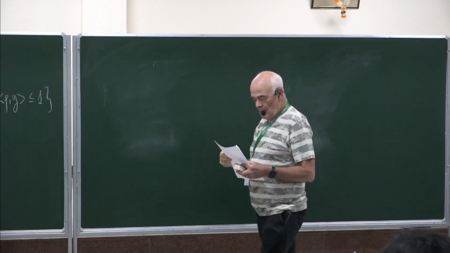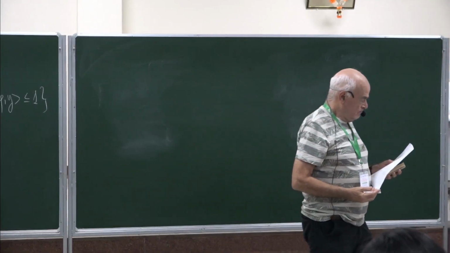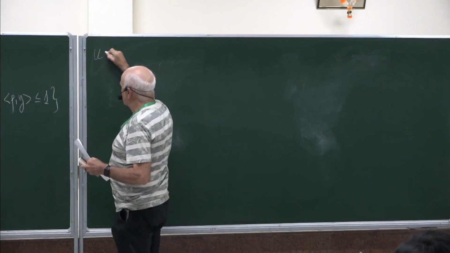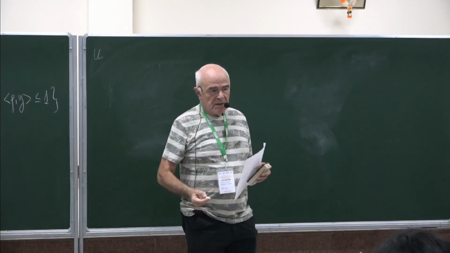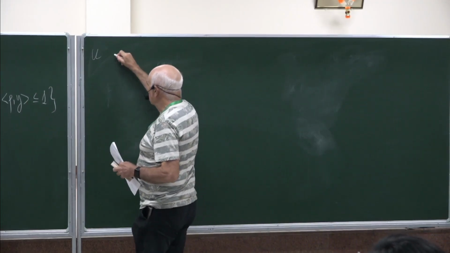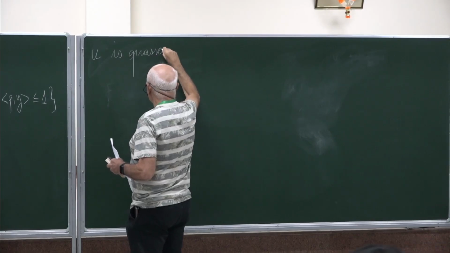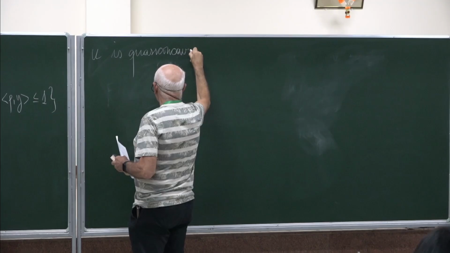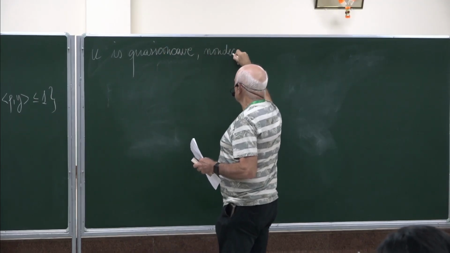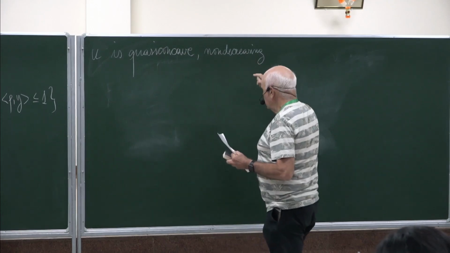So, now we need assumptions. The assumptions are that U is regular, in the sense we saw in this context, which means U is quasi-concave, non-decreasing, and upper semi-continuous.